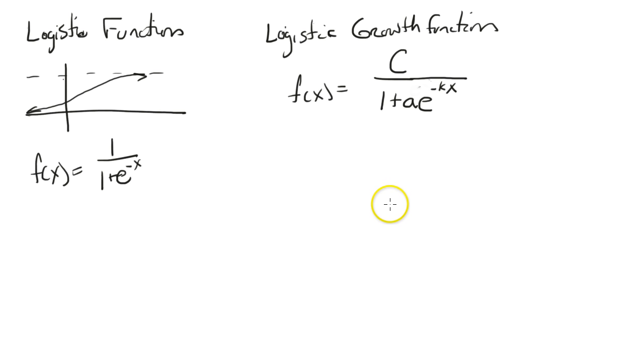And this top number is our limit to growth. That's our horizontal asymptote, that top number. We did that in the past.